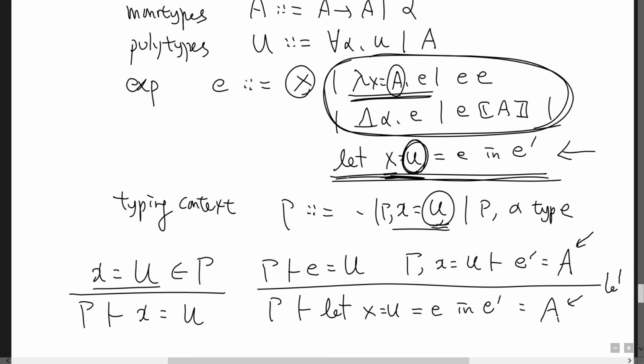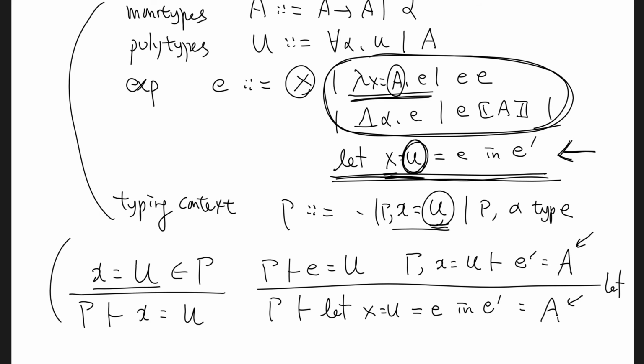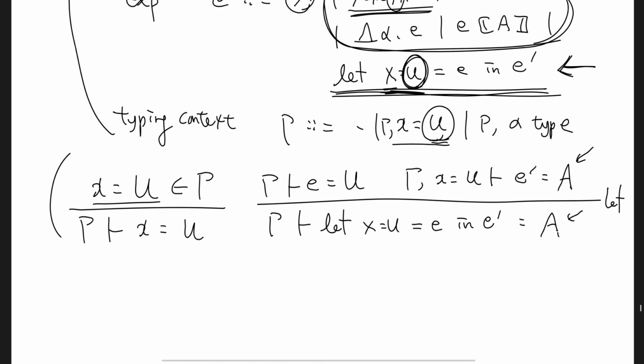So this is the typing rule for let binding. We have developed the syntax and typing rules. And the reduction rule for this let binding is also straightforward, just like the let binding in the OCaml programming language. So how do we reduce this let binding?